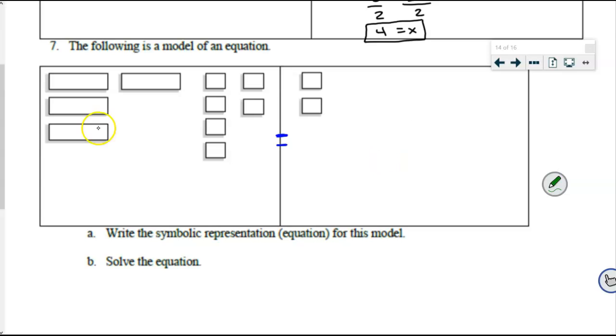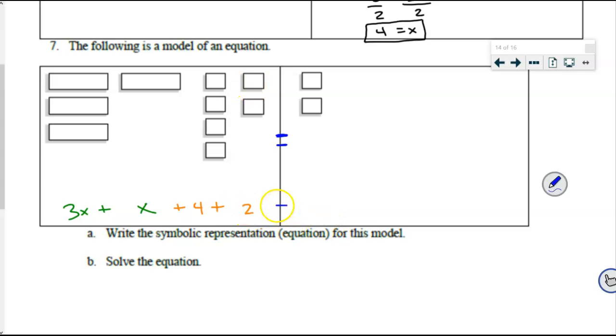So, what do I have? We're going to go just column by column. What do I have? 3 x's. And I know that there's another x right next to it, but since it's in a different column, I want to separate it. So 3 x's plus another x plus 4 plus 2.